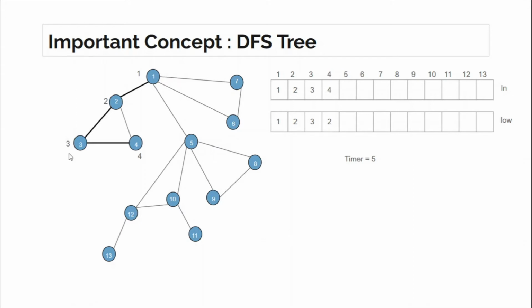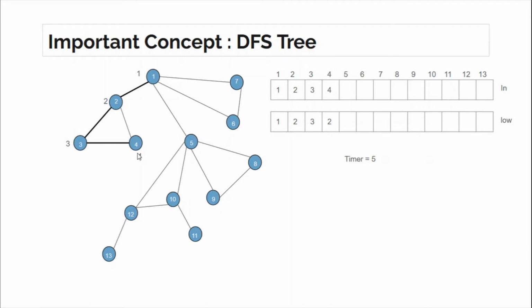Now if you remove this vertex, this is the only subtree which is in danger of getting disconnected. So how do we confirm whether this subtree would survive or not? We would confirm it using the low time.